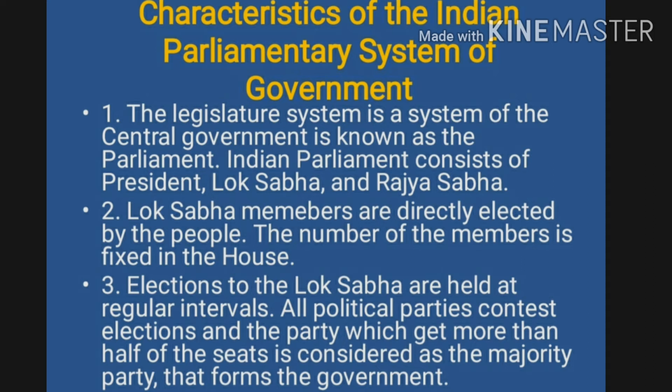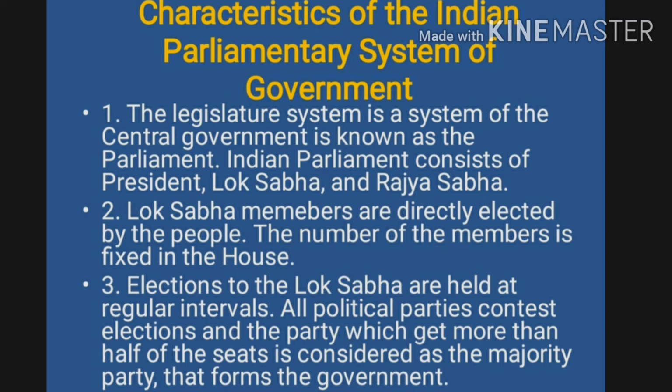So let's learn the first one. The legislature is a system of the central government that is known as Parliament. So the Indian Parliament consists of the President, Lok Sabha and Rajya Sabha. Lok Sabha is a separate house. The number of members of this house is always fixed, and they are directly elected by the people.